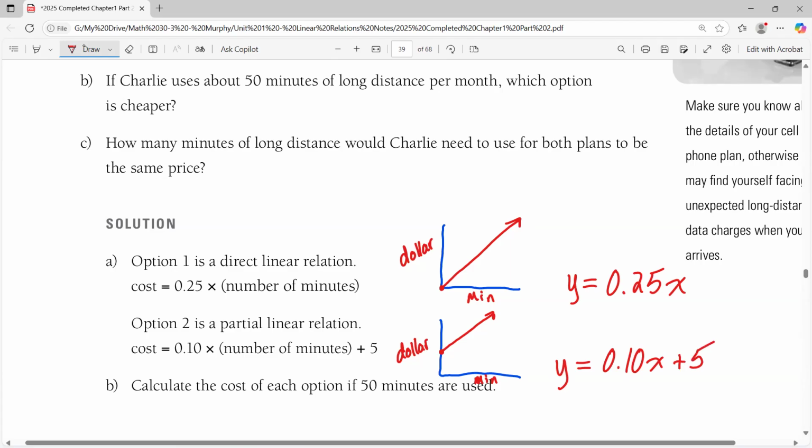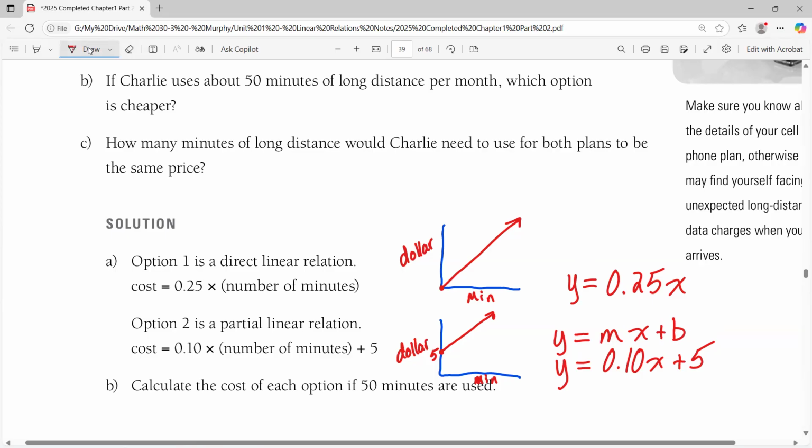And that right there is a linear equation form, mx plus b. b is your start point. Start at $5. It's your y-intercept. And remember, the rate that you pay is your slope.